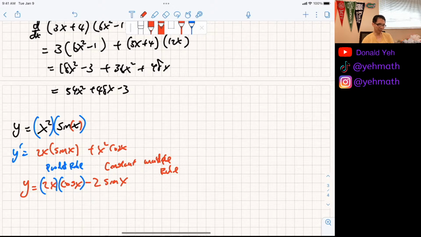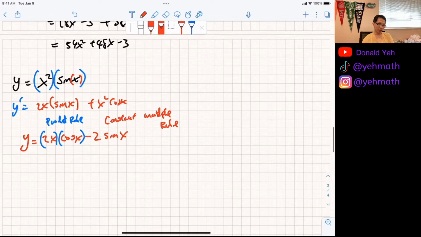So it's like taking the derivative of 2x squared. Just take the derivative of x squared times 2. That's equal to that. So let's do product rule. So 2 cosine of x, right? Plus 2x times the negative sine of x, minus 2 sine of x. Oh, not 2 sine of x.